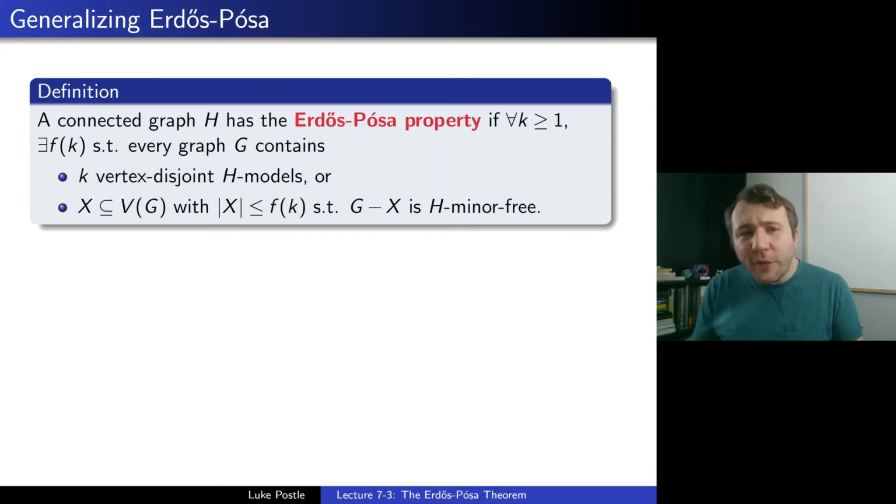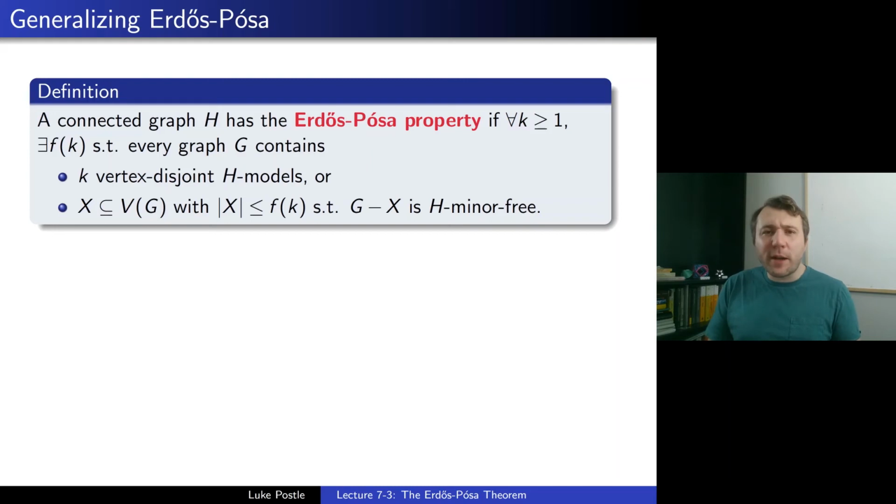Now let's move on, though, to how this comes back to minors and grids and all this graph minors theory. Well, you can generalize Erdos-Posa. So we'll say a connected graph H has the Erdos-Posa property if for every k at least one, there's an f(k) such that every graph G contains k vertex disjoint H models, or a subset X with size of X at most f(k) such that G minus X is H minor free.